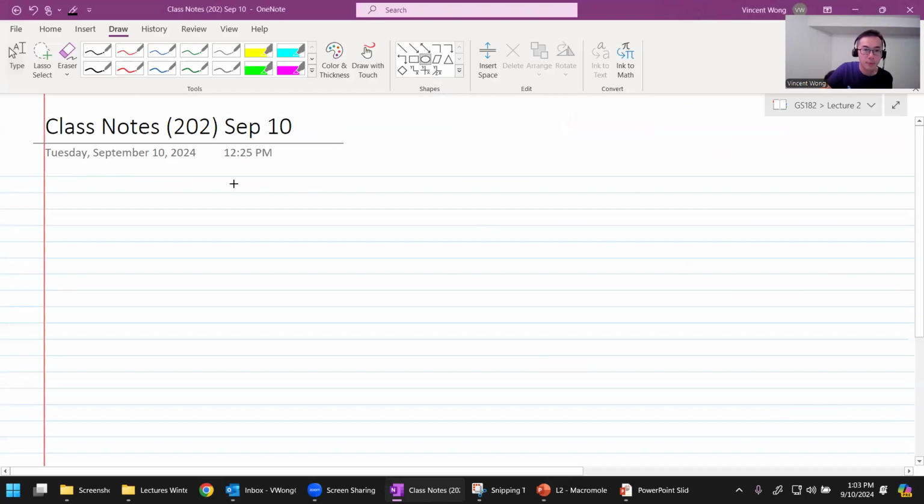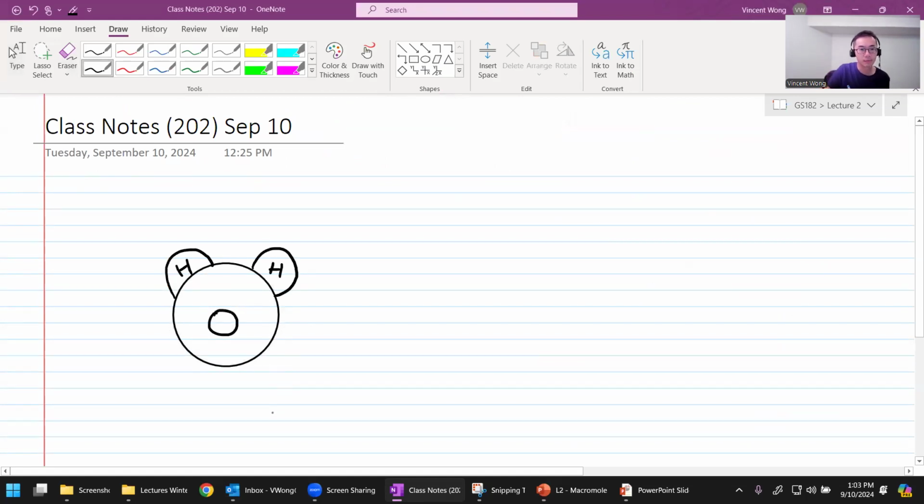Okay, so this is how people draw water. It's like Mickey Mouse with the ears, but no eyes. These are the hydrogens, and this is the oxygen right there. This is a covalent bond.